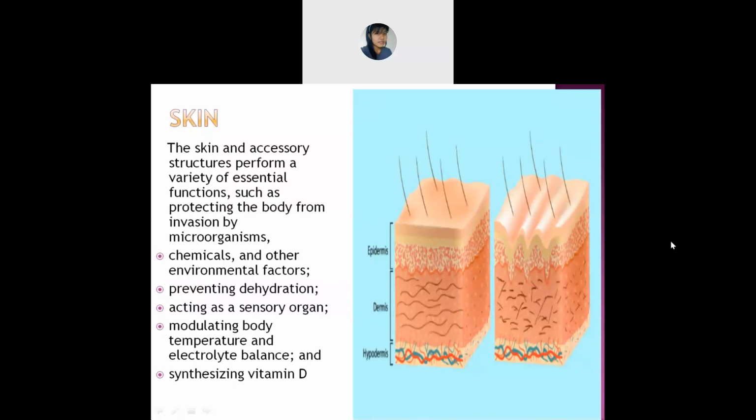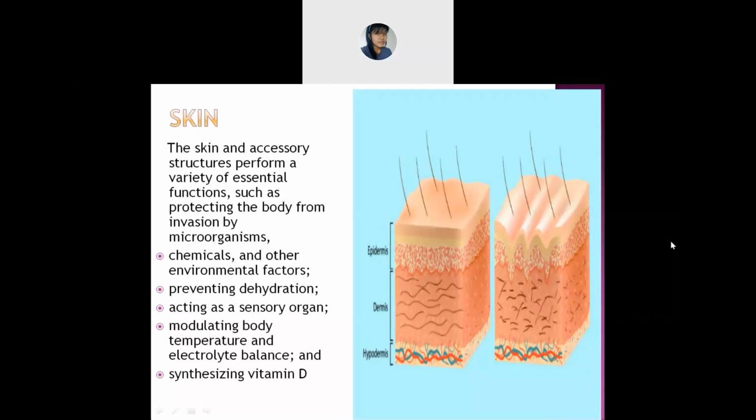Next is preventing dehydration. The skin also helps us in not getting dehydrated, meaning losing fluids and electrolytes. Then next is acting as a sensory organ. Next is modulating body temperature and electrolyte balance.